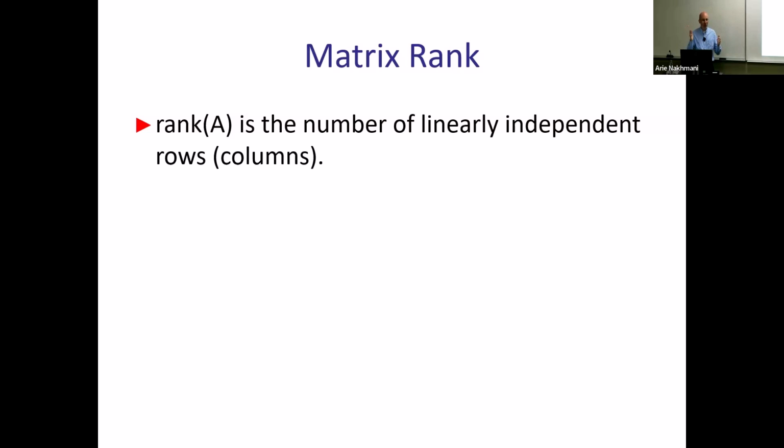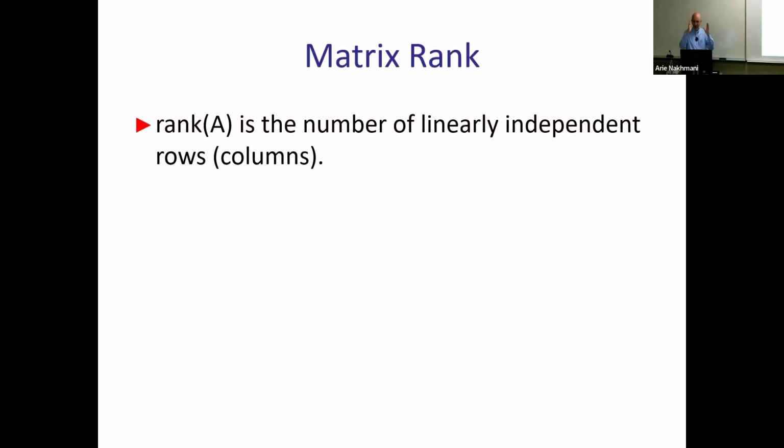Which means n independent vectors always span the entire n-dimensional space. So you can get any vector in that n-dimensional space as a linear combination of n independent vectors. This is a theorem in linear algebra. But if you have n plus 1 vectors, at least one of them is dependent. So you need to be aware of that.